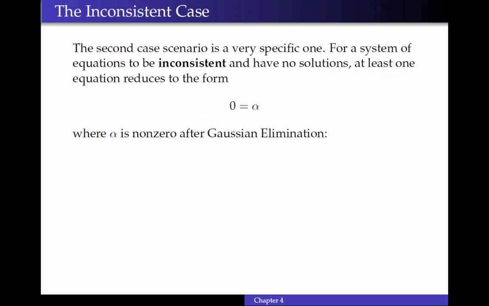Okay, so the next case is this inconsistent case. So this is very specific. For a system of equations to be inconsistent and have no solutions, at least one of the equations is going to reduce down to the form 0 = alpha, where alpha is non-zero, after performing Gaussian elimination. So our row echelon form is going to look something like this, where we've eliminated using the pivots, and then we reach a row that has no pivots and all zeros below it, but the right hand side value is not 0.